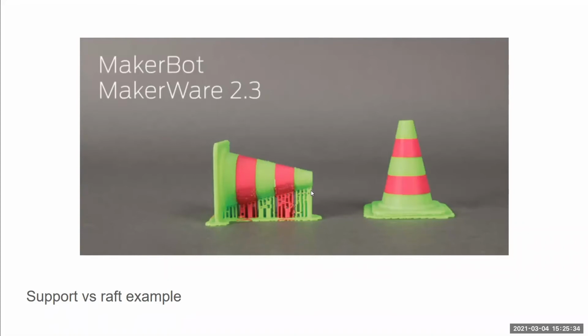The way this print was generated is through fused filament fabrication, so a jet of molten plastic is just extruded into thin air. And the way that process works is that it needs something below it to bind to. On the ground, you can see there's a place where that connected to the build plate, and then the next layer just rested on that molten plastic, and that gave it a space to bind to.